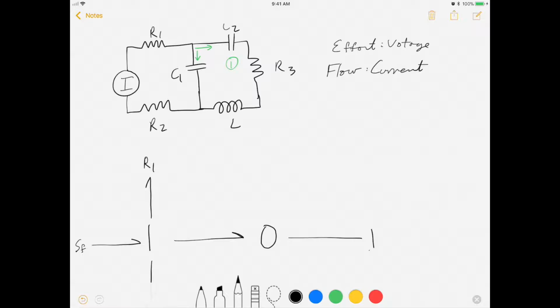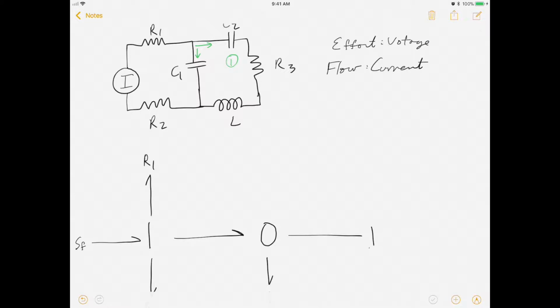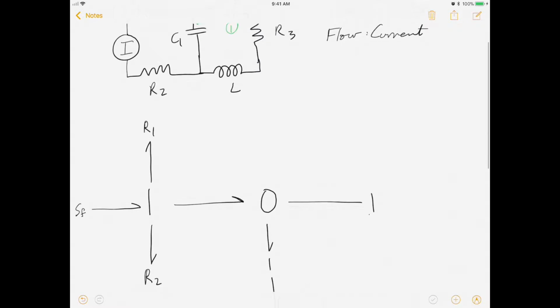So theoretically, if I was going to be very verbose about this, I would write it out as such. There's going to be a common current right here that's splitting off from these two junctions, and I'm going to have a capacitor that's coming off that common current junction.